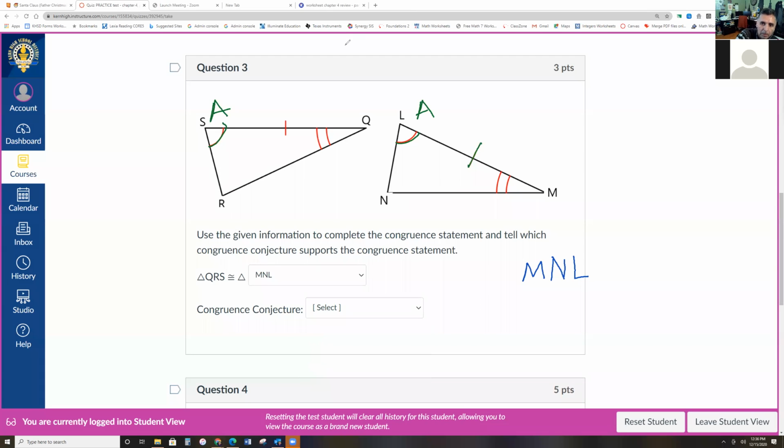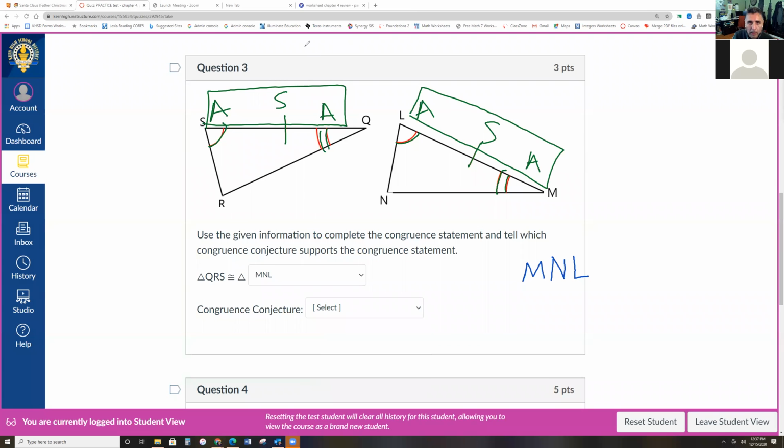This mark tells me this side is congruent to this side. And this last mark tells me that angle is congruent to that angle. Because both of these have this pattern, I know those 2 triangles are congruent by angle, side, angle. And that's what you choose down there.